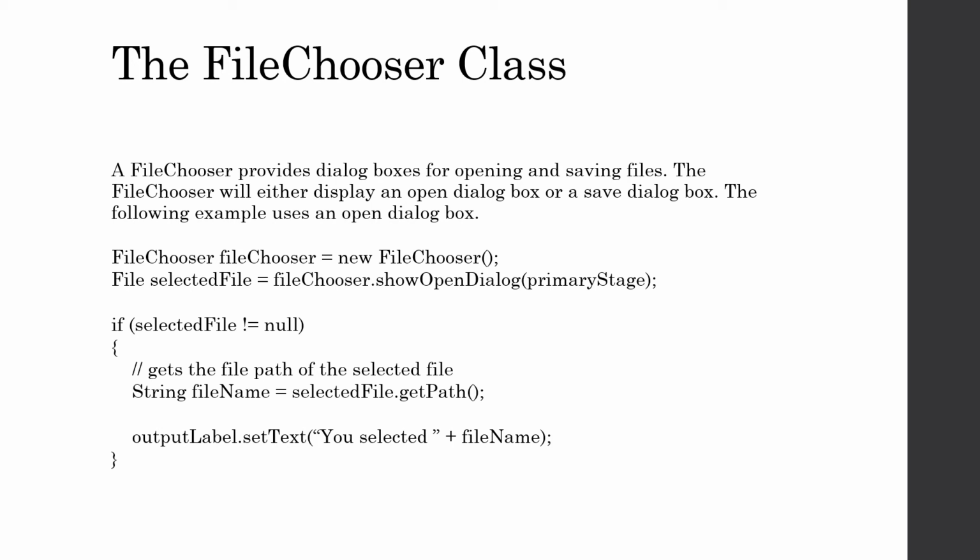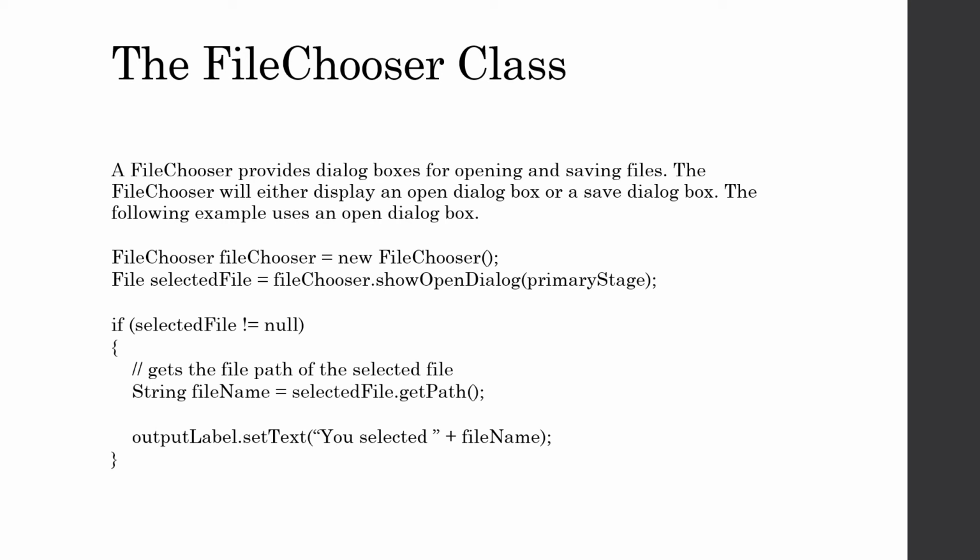I've also included a little bit of code if you want to add some behavior to this. In this case, the code is primarily saying if the user didn't actually make a selection, maybe they clicked cancel, they didn't really want to open a file, technically the selected file is going to be set to null when it finishes. So we're going to do a check there to see if that's the case. If it's not equal to null, then we'll go ahead and actually get the file path.